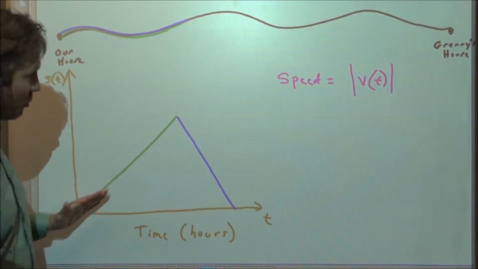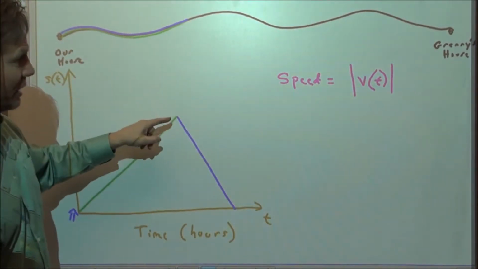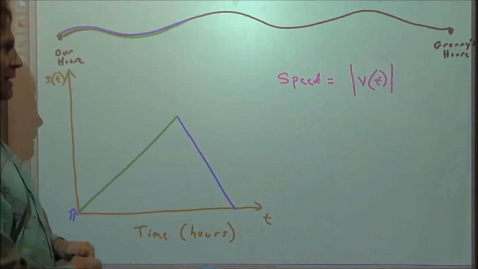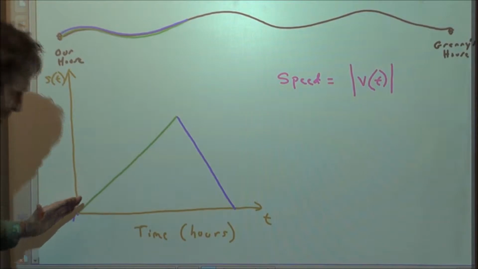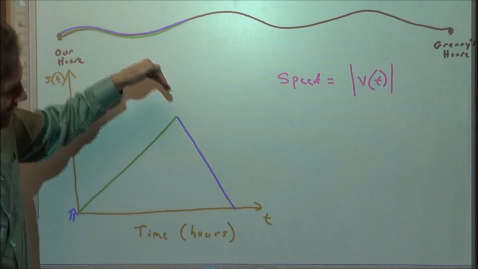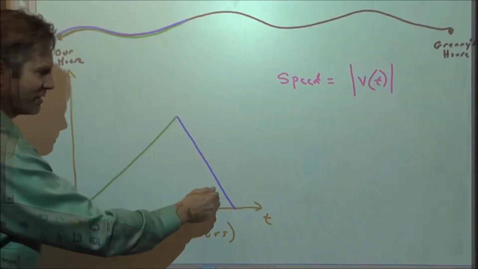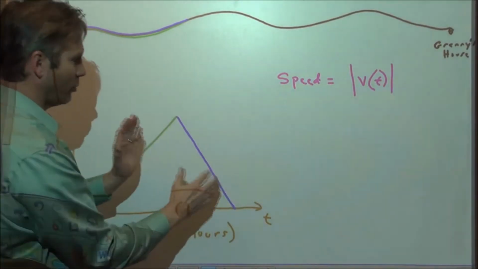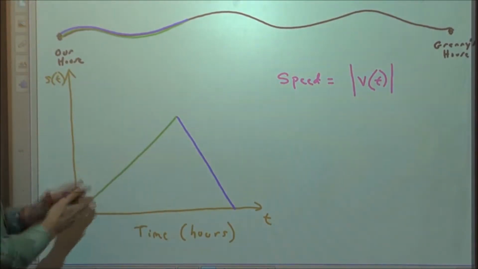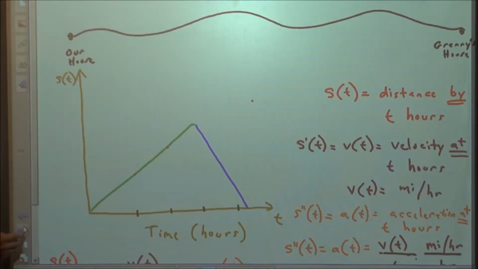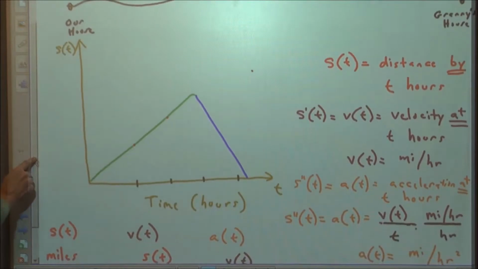I said that wrong. This is velocity. This velocity is positive. This velocity is negative. But the absolute value of this negative velocity was bigger than the absolute value of the positive, so its speed was faster.